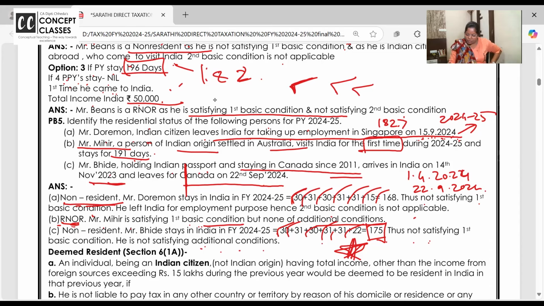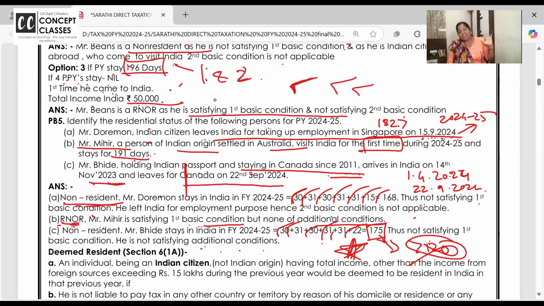So he went out of India for work, staying abroad, and he arrives in India and is there for 175 days. Ma'am, but 175 is above 120. Shall we go into that complicated provision? No. When will you take entry into that in the exam? When your total income exceeds 15 lakhs.